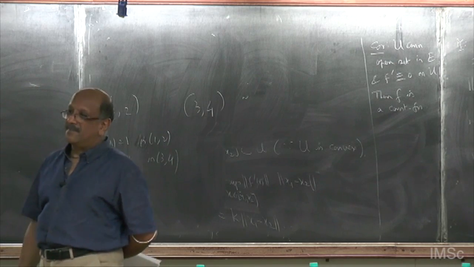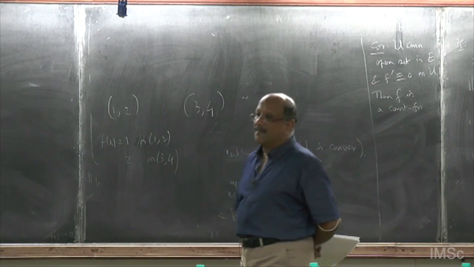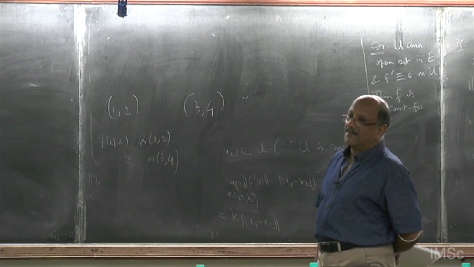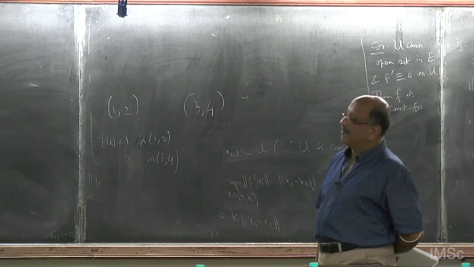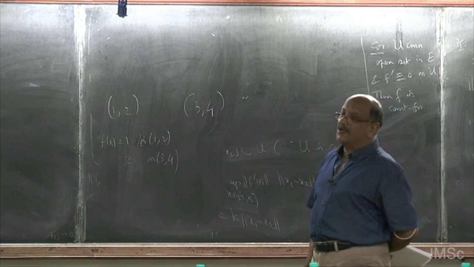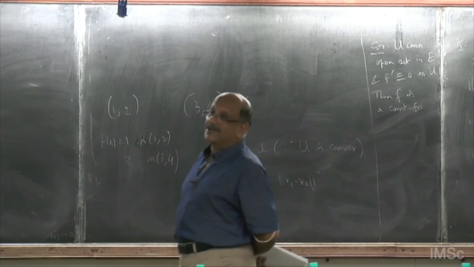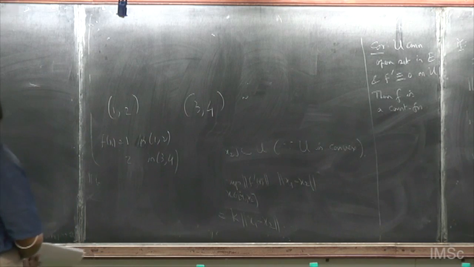If U is open and the derivative is 0, can you say f is a constant function? Constant on every connected component, that is all you can say. So, on different connected components it can be different constants.